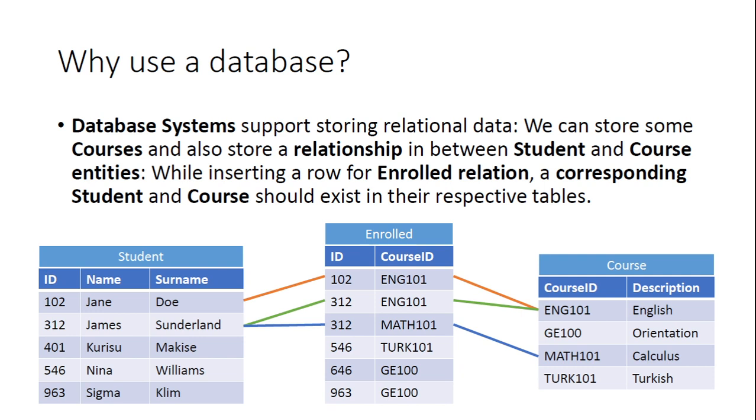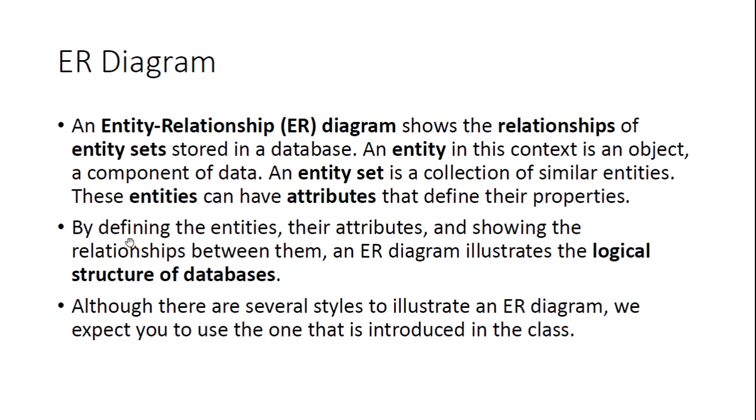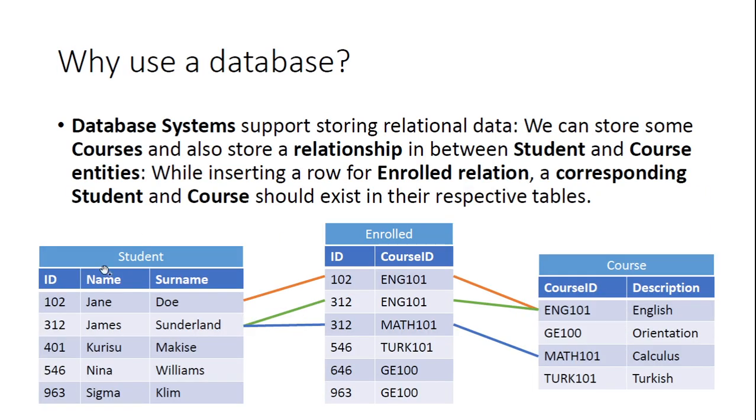So one instance of a student is called an entity, and here we have the student entity set. The entities can have attributes for their properties. For example, here the student object has the ID attribute, and name and surname attributes.